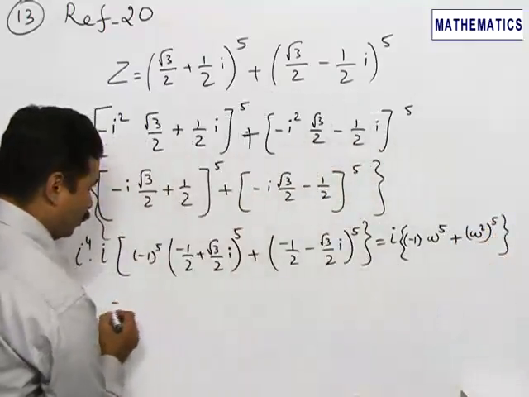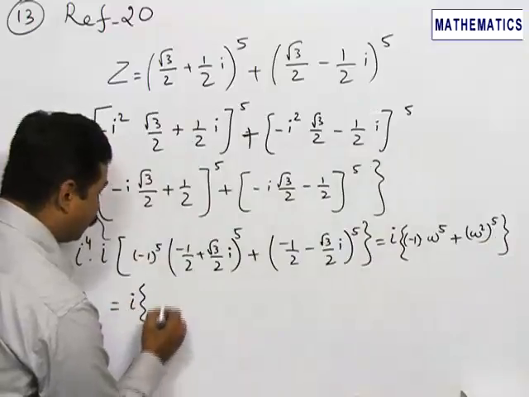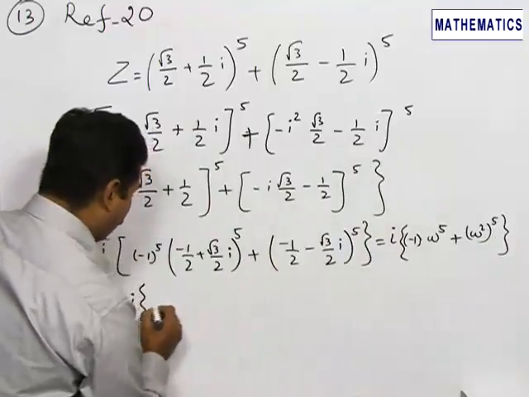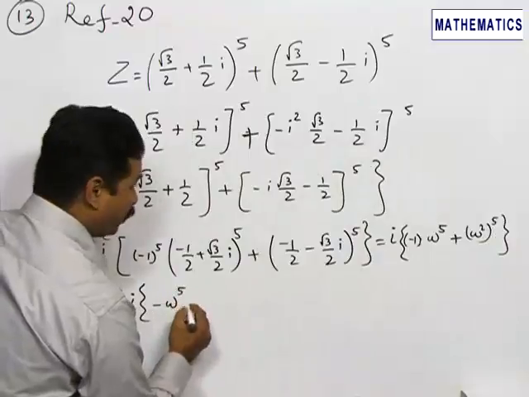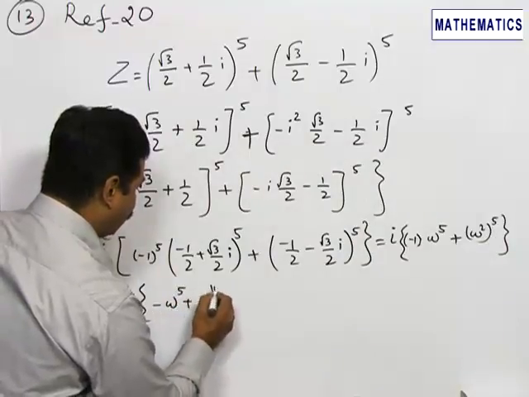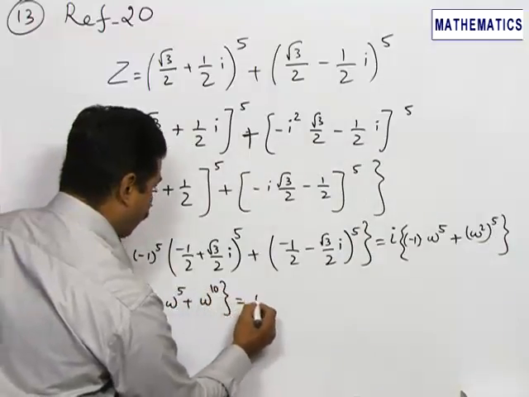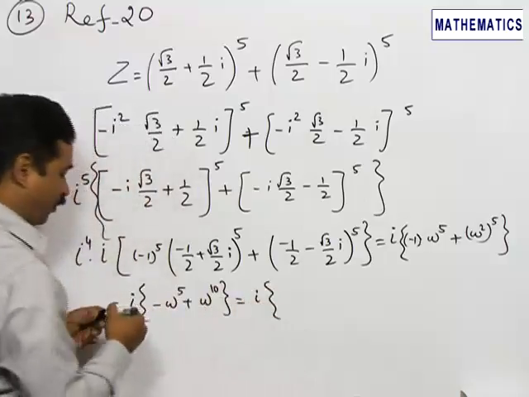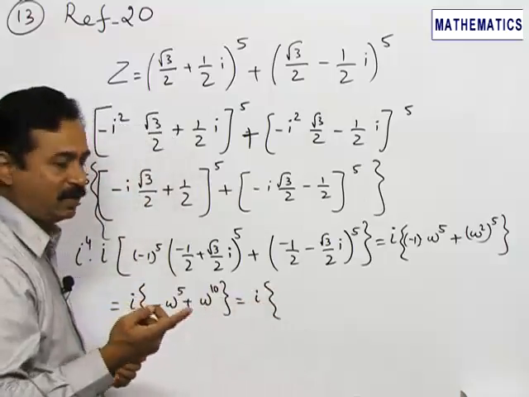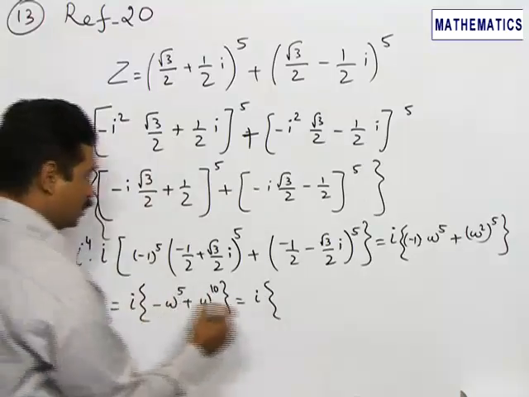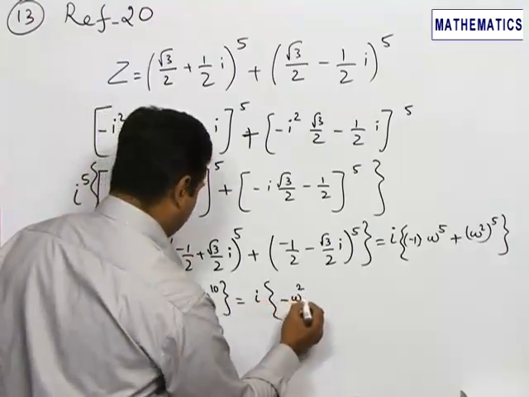So we get i into minus of omega power 5 plus omega power 10. Omega power 5 is omega cube into omega square, and omega cube equals 1, so it becomes minus omega square.